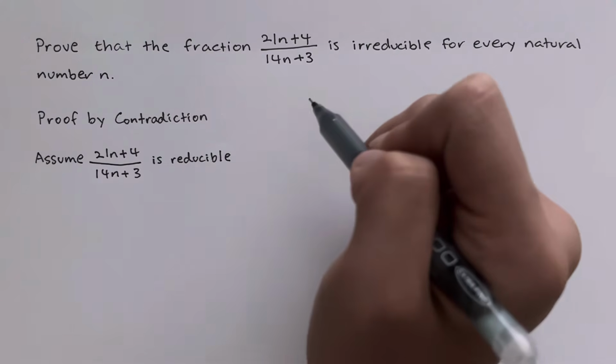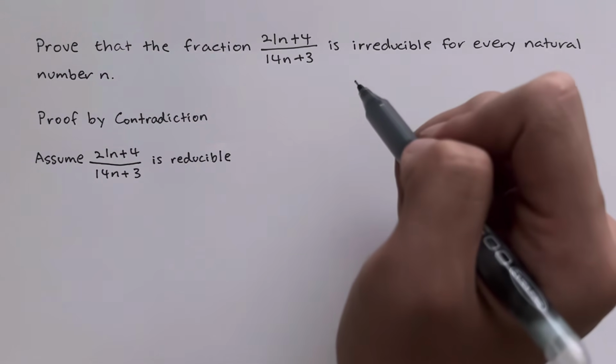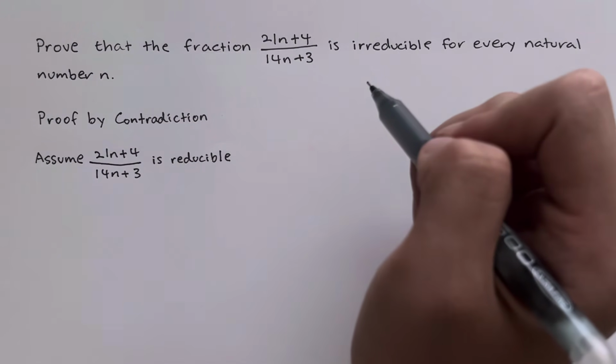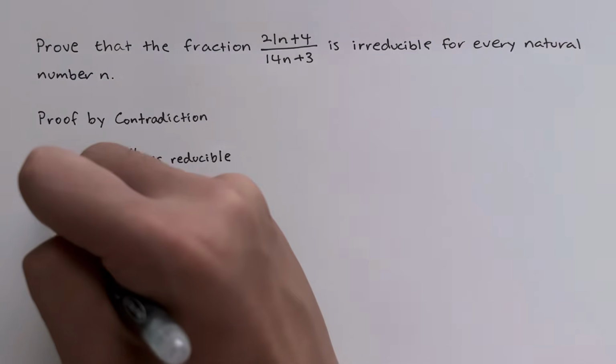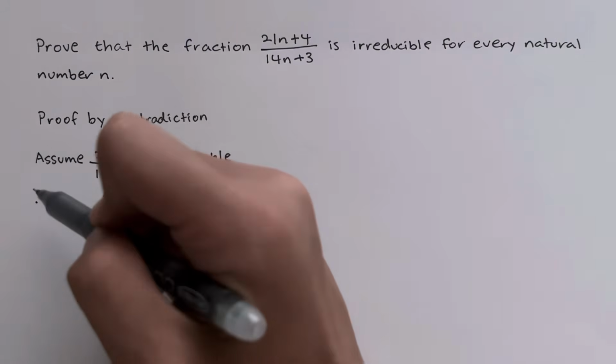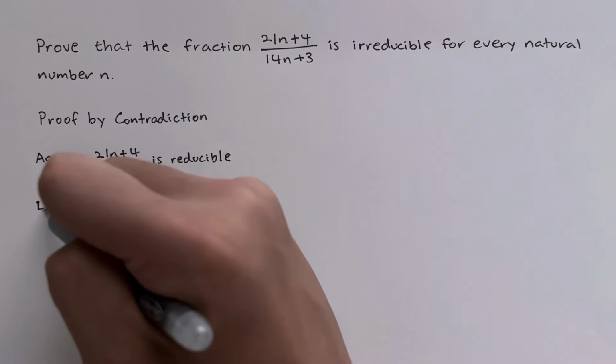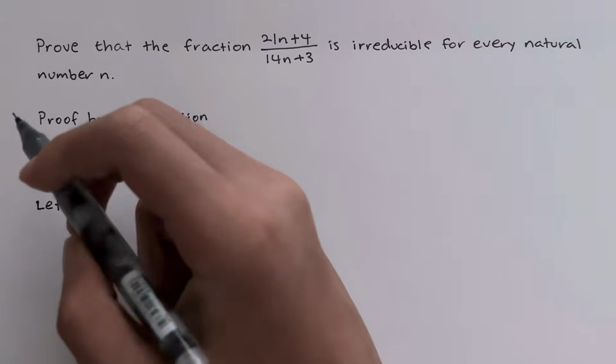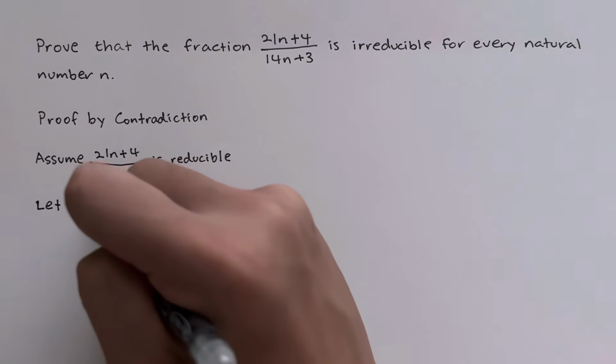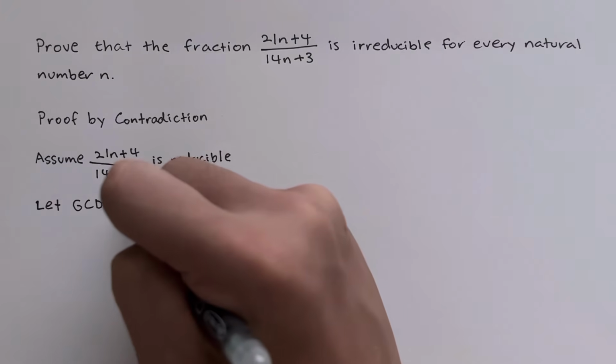Now, since it's reducible, we can let the greatest common factor be p. So let the GCD be p.